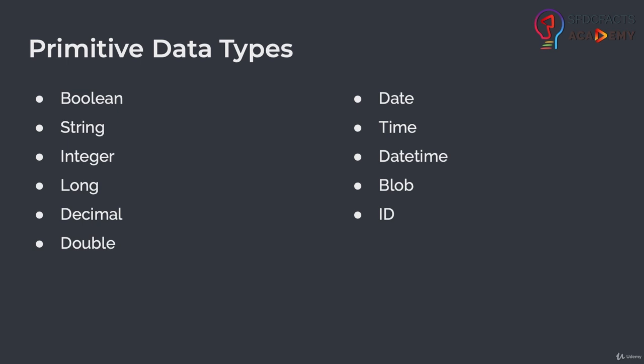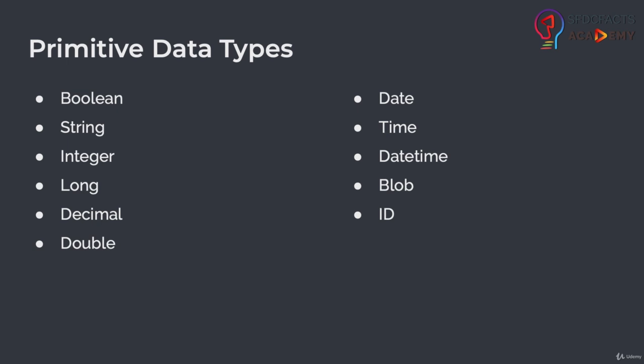Now, similar to integer or long, we have decimal and double, which allow us to store numbers with decimals. So you can have some decimal digits as well. The double is a 64-bit data type, which not only occupies more memory space, but it can also store larger values than decimal.